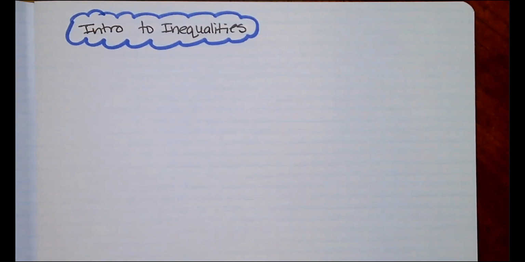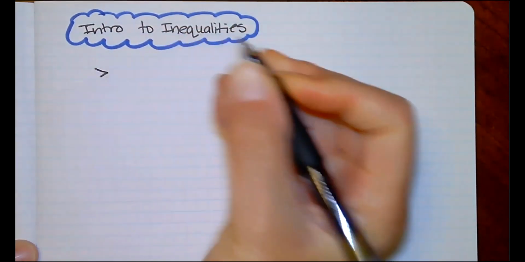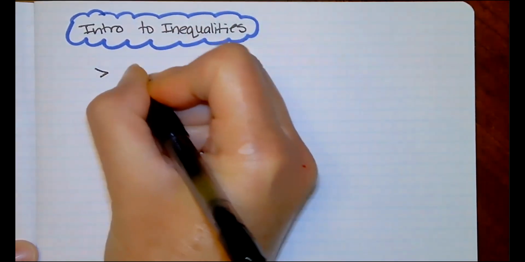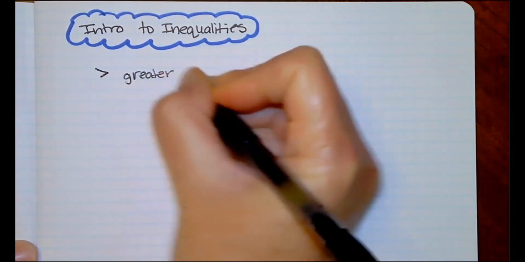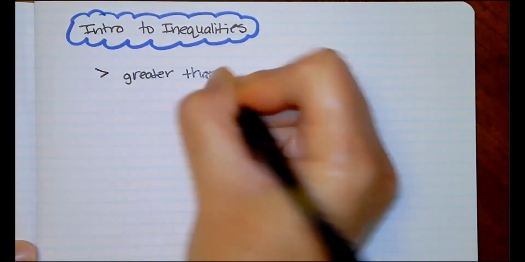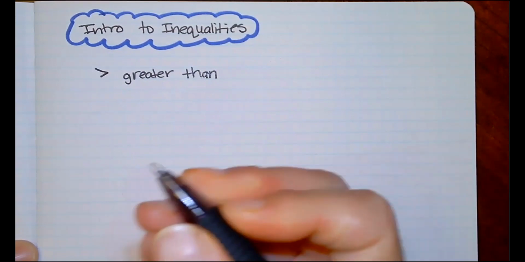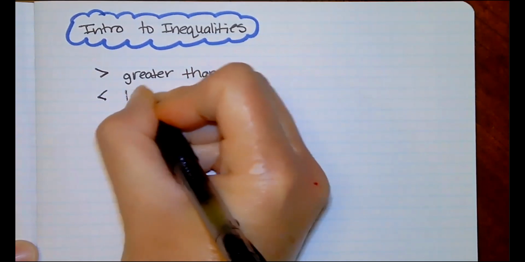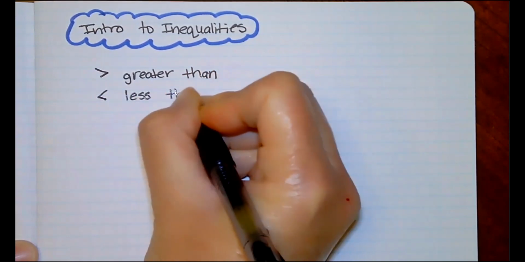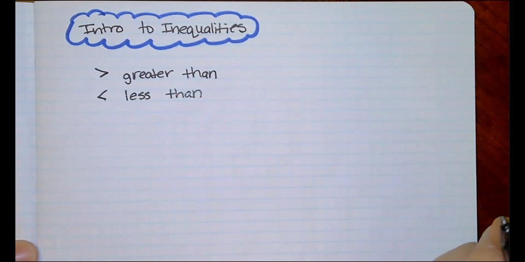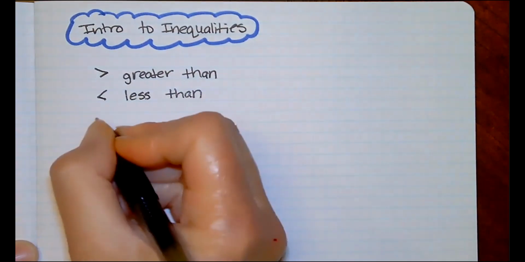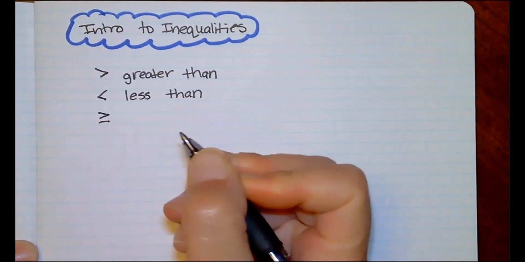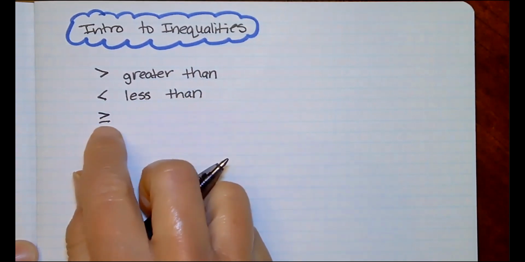Okay, so I'm going to be first talking about the different symbols and how to read them. So this symbol here is read greater than. And this symbol here is read less than. And if we have this symbol with a little line underneath it, this is saying that it's also equal to.